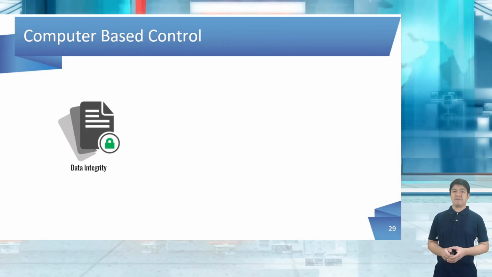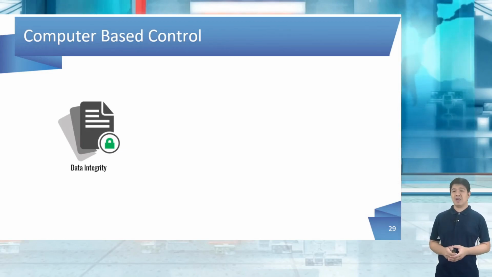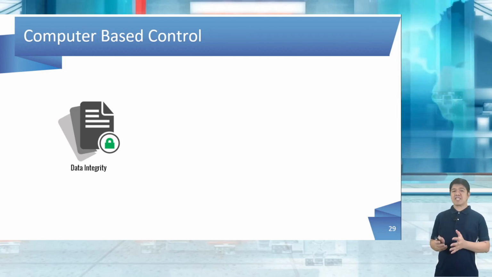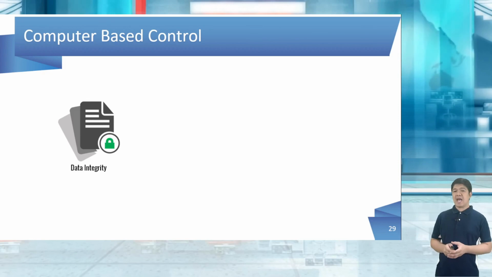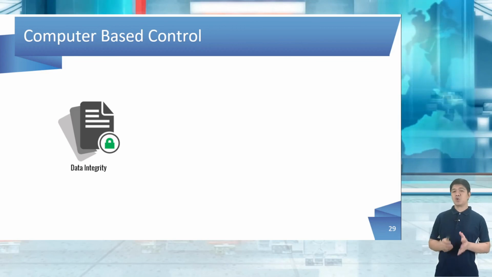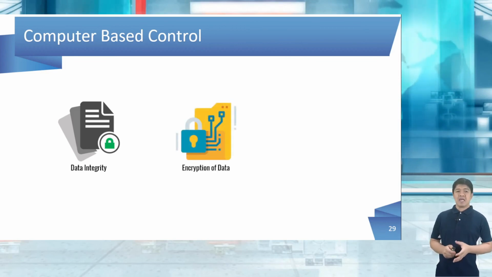Data integrity. It is the maintenance of and the assurance of the accuracy and consistency of data over its entire life cycle and is a critical aspect to the design, implementation, and usage of any system which stores, processes, or retrieves data. Data encryption.